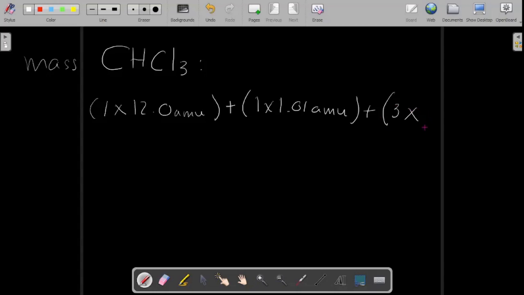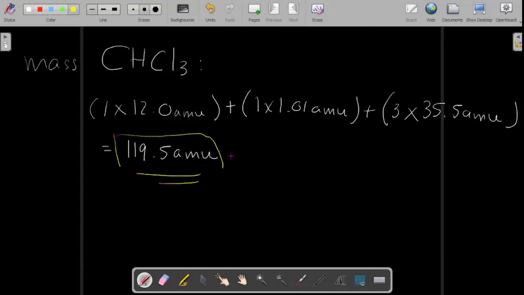According to your table, the mass of just one is 35.5 atomic mass units. Now, put all of these in your calculator and you'll find that the mass for this molecule is 119.5 atomic mass units. And that's your answer.